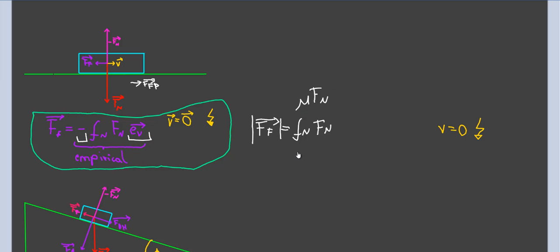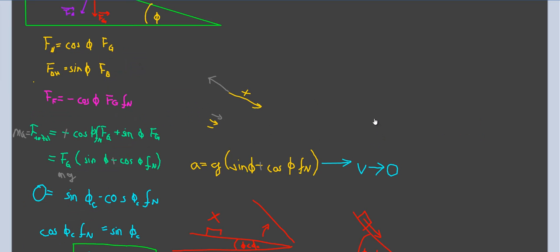By that we derived the formula for our acceleration: when the object is going up the slope, we are going to have an acceleration down the slope of g times sine of phi plus cosine of phi times Fn, our friction coefficient. And if the object is going down the slope, our acceleration is the gravitational acceleration times sine of phi minus cosine of phi times Fn.